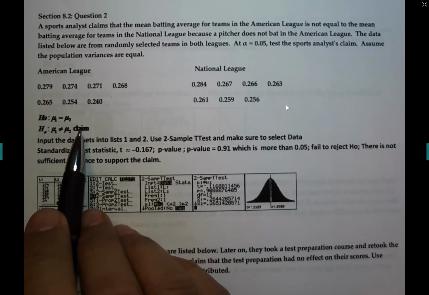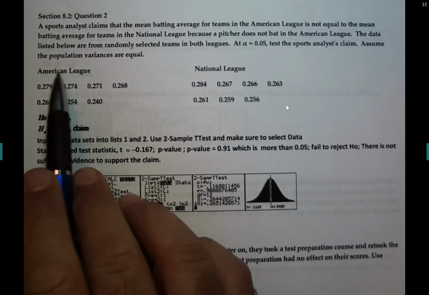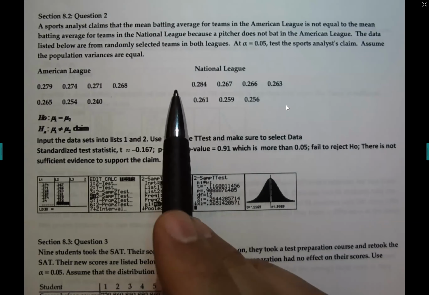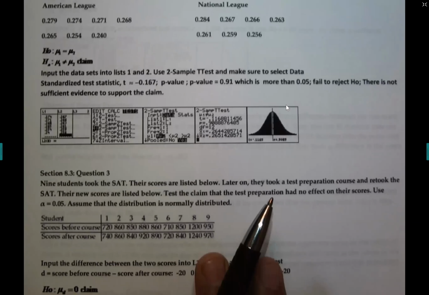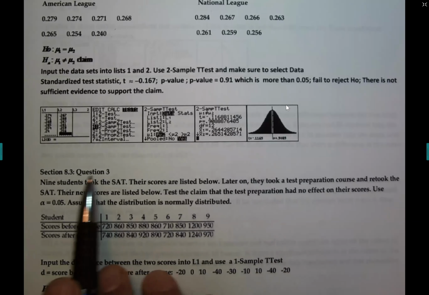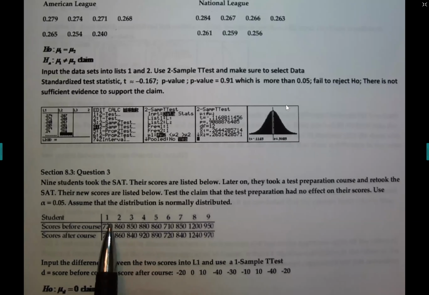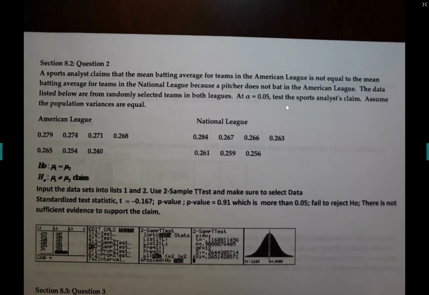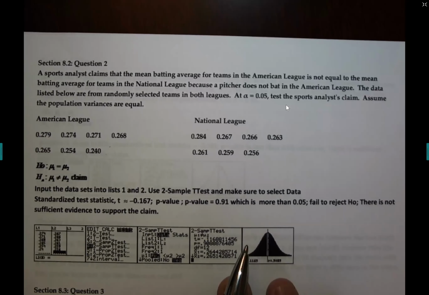This is a claim. These are not dependent samples, they're independent. This is American and this is National, two different teams. For dependent samples, this is the hint, guys: you will see something like this, and it says here section 8.3. This is dependent samples. The data listed below are from randomly selected teams in both leagues.